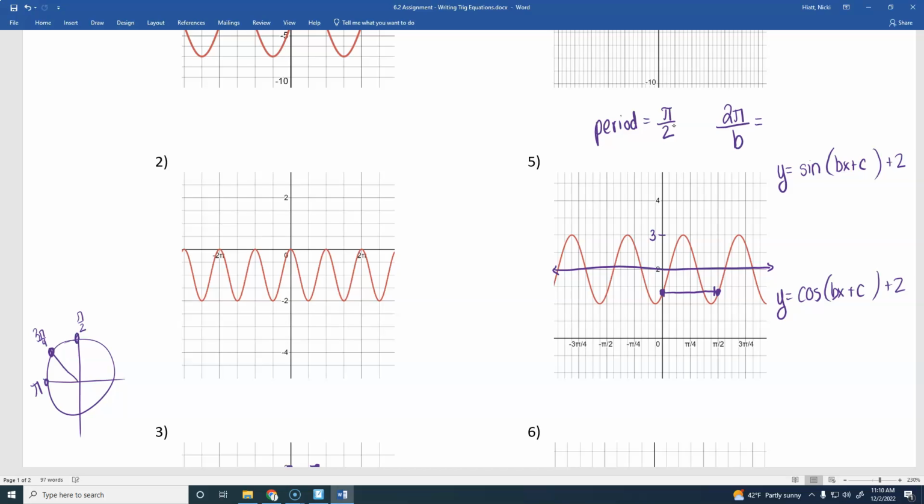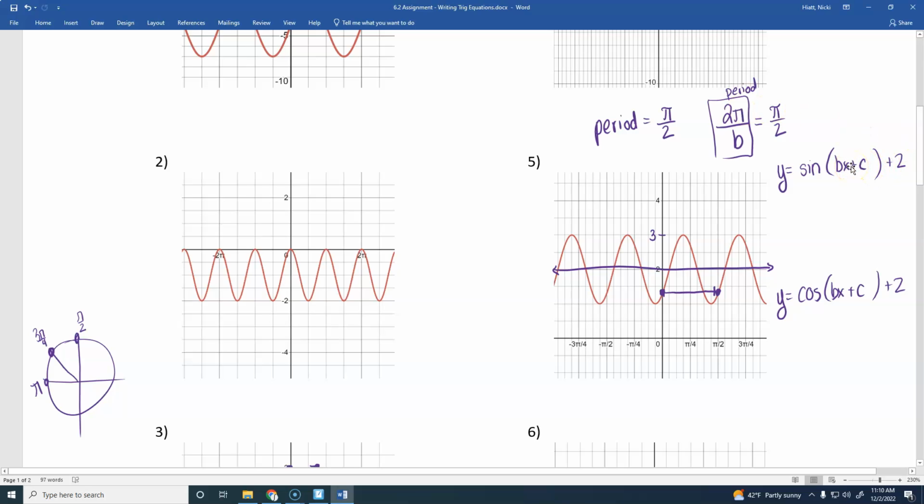And that should equal whatever we want the period to be, which in this case is pi over 2. So your formula for period, this is always the same, right? You can set it equal to the period that you want to have. And you could probably do this in your head, because if b is 4, that reduces to pi over 2. So b is going to be 4.